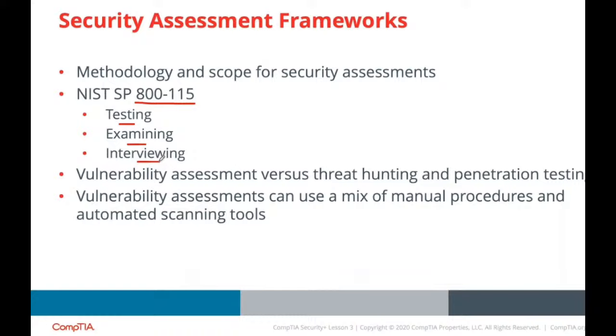Then, at last, interviewing the personnel to gather information and probe attitudes toward and understanding of security. These three things are what the special publication defines to be done while performing the security assessment.